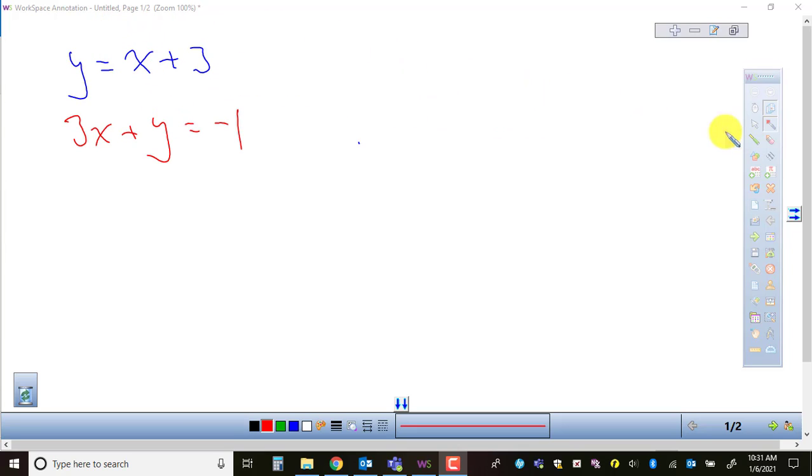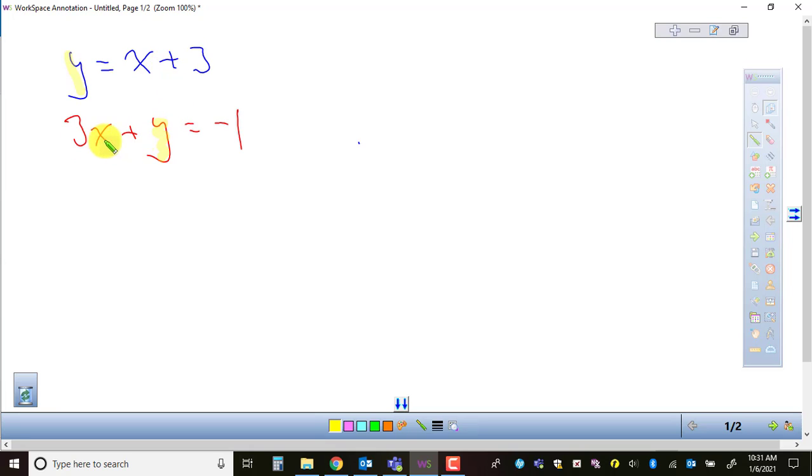So we're going to start by noticing that y is equal to x plus 3, which means those two things are interchangeable. So I could take, in this bottom equation, and replace my y with the expression x plus 3. Now, why would I want to do that?